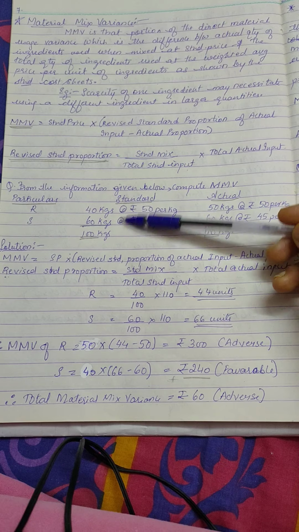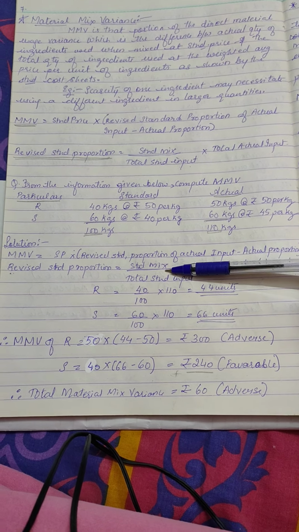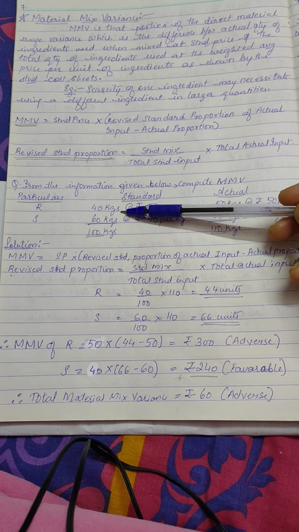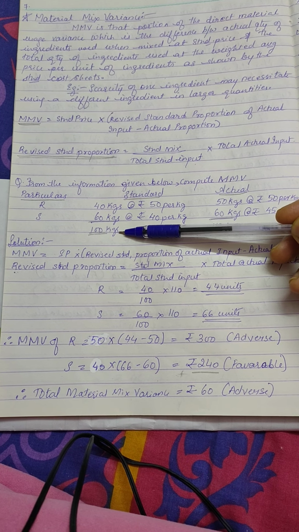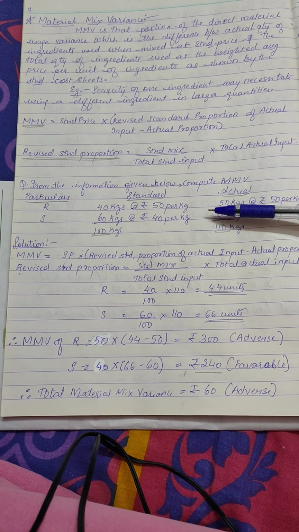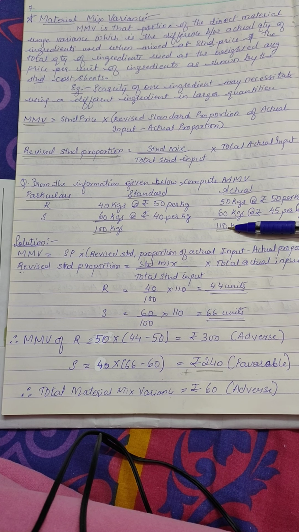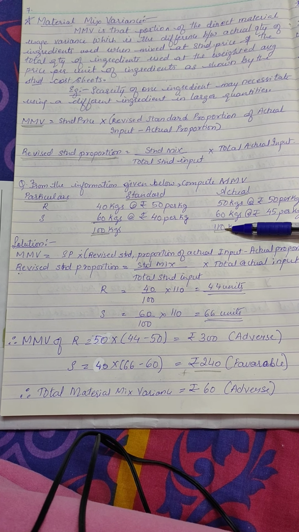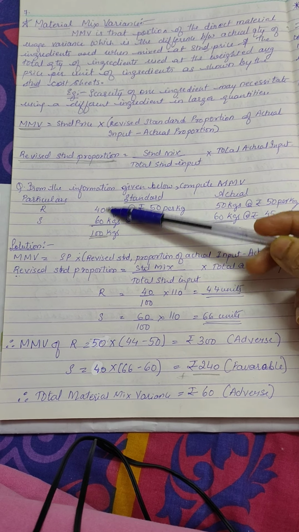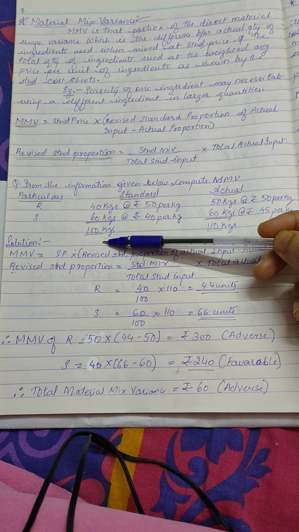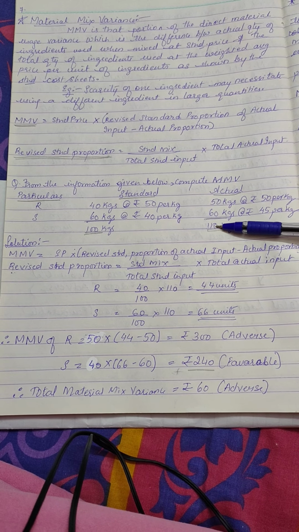For R, the standard mix is 40 kg, total standard input is 100 kg, into total actual input, which is 110. Similarly for S, 60 divided by 100 into 110.